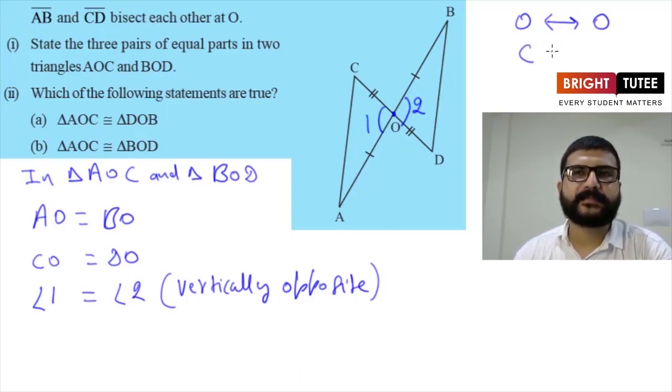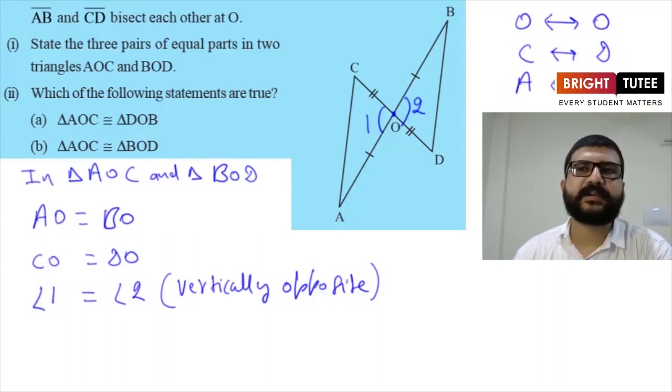It will be C. So now C corresponds to vertex opposite to BO from triangle BOD, and that will be vertex D. Now from the first triangle AOC we are left with vertex A, and from the second triangle BOD we are left with vertex B. So now it means A corresponds to B, C corresponds to D, and O corresponds to O.